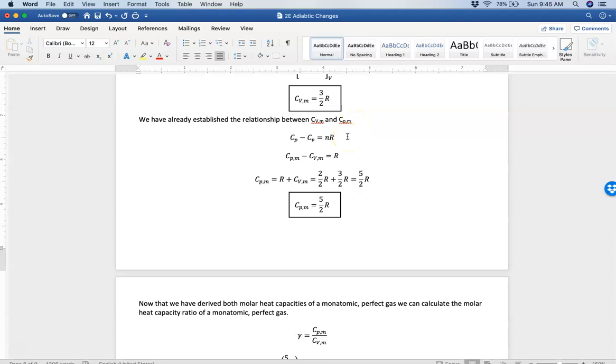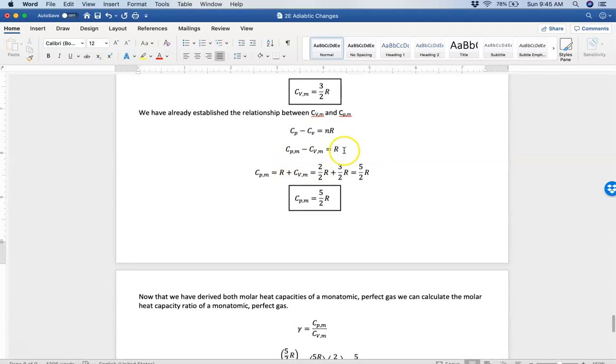So this was our original expression. So this is the heat capacity of a single molecule, Cp minus Cv equals nR. If we divide both sides by R, we now have the molar heat capacities, and their difference is going to be equal to R. If we substitute that in, we know Cp, all I did was flip over the Cv over to here, because I already know that number. I have this equation here.